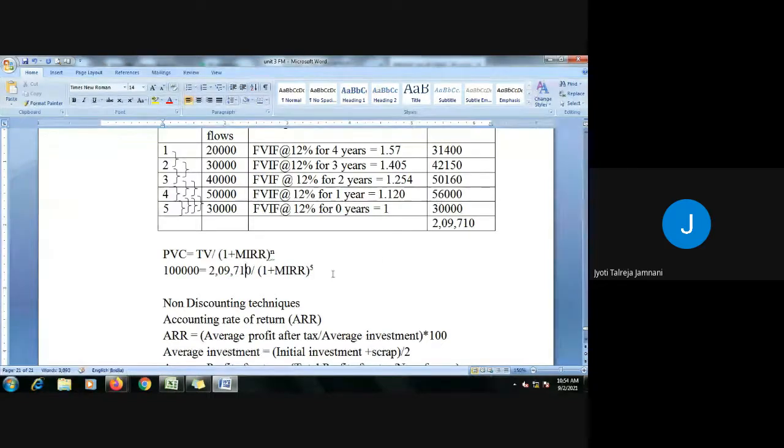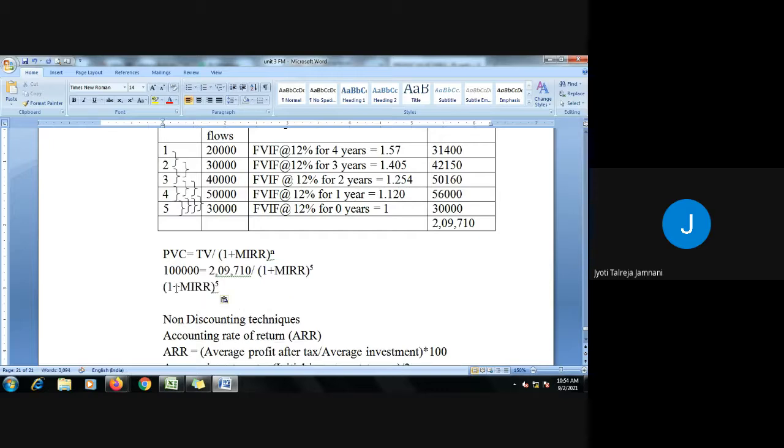Okay, so what we will do, we'll take this 1 plus MIRR that side and get that 1 lakh here. So cross multiplication. Okay, so I'll write here 1 plus MIRR raised to 5, which is equal to 2 lakh 9,710 divided by 1 lakh.